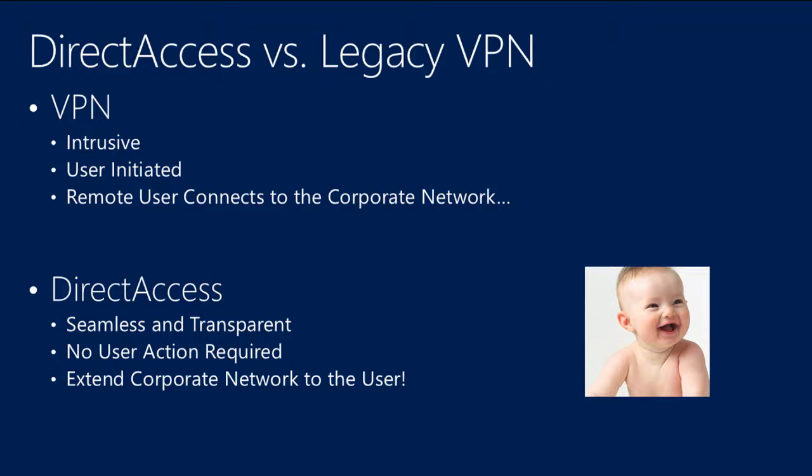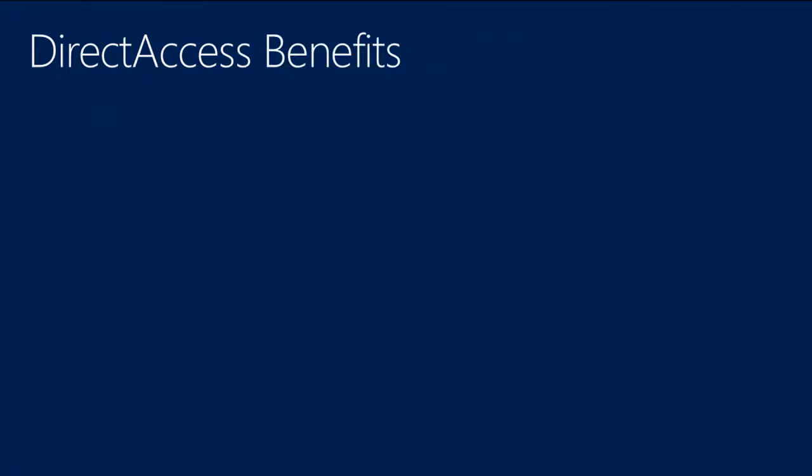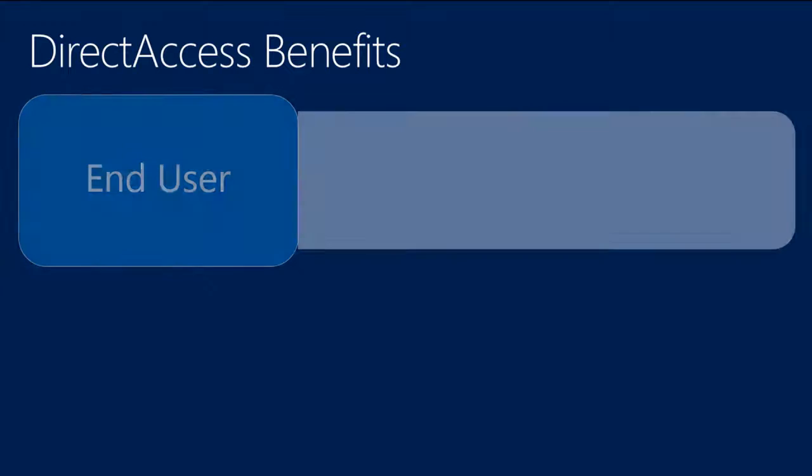So again, when we're talking about the model or the paradigm of Direct Access, if you think about it in the manner of extending the corporate network to the user, that kind of opens up some new use case possibilities, and I think that you'll start to understand why it's much, much better, much more efficient, certainly, than legacy or traditional VPN.